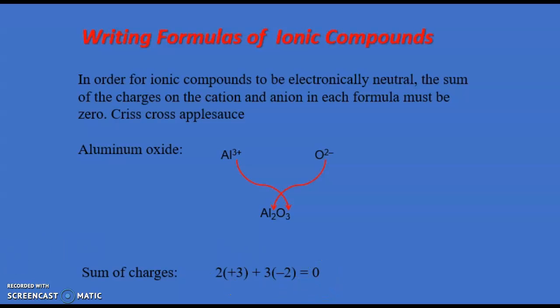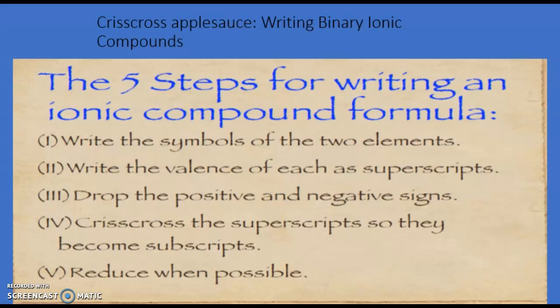Let's look at some more examples. So here are basically your 5 steps for crisscross applesauce. You write the symbols of the 2 elements first. You always write the symbol of the metal first. And then you write the valence of each as superscripts. That means the number is going to be plus if it's a metal, and it's going to be written above the element symbol.